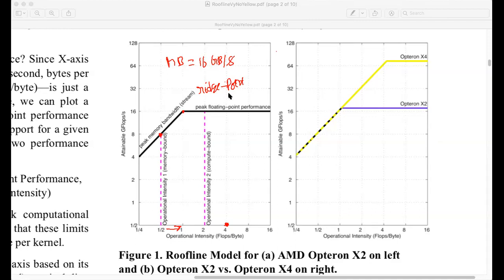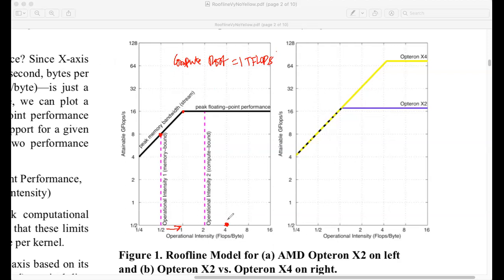You understood the question? So right now, in this case, the roof is 16 gigaflops. I'm saying the roof is not 16 gigaflops. The roof is the compute roof. The compute roof is 1 teraflops per second. And the application's operational intensity is 4.